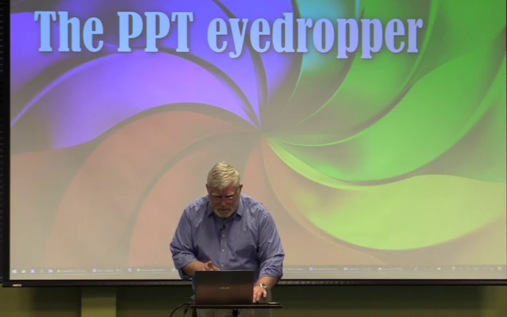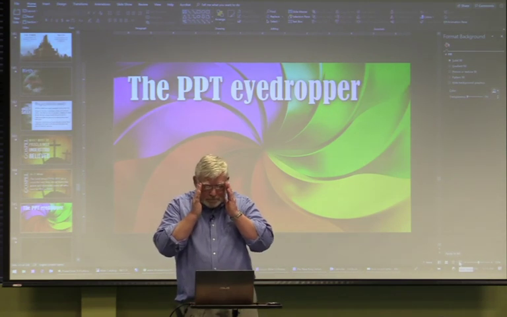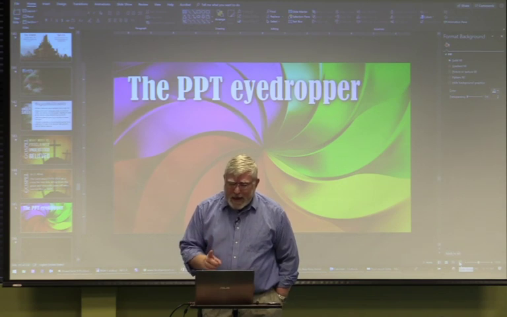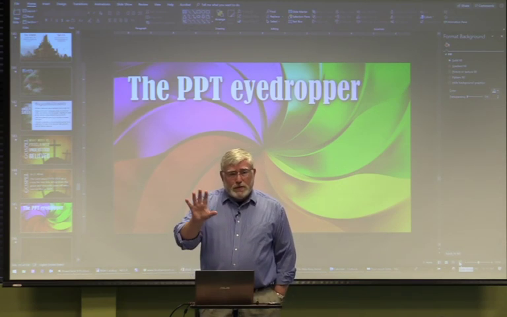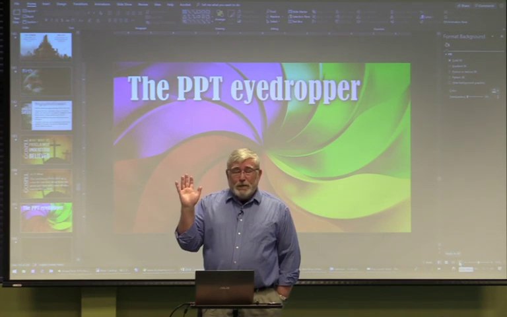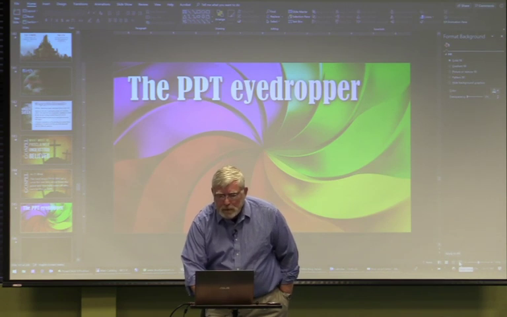The eyedropper might be one of those. So let me just show you what it is. But before I do that, let me show you something else that probably 90% of PowerPoint users don't realize. These are called ribbons. Everybody knows that.